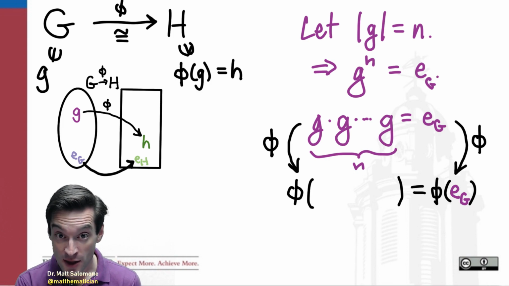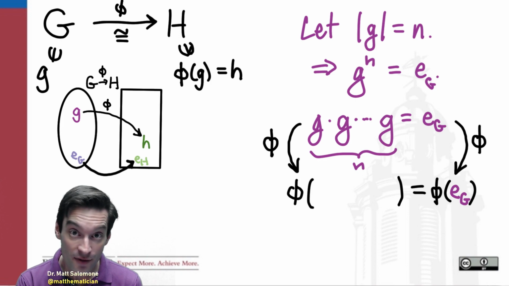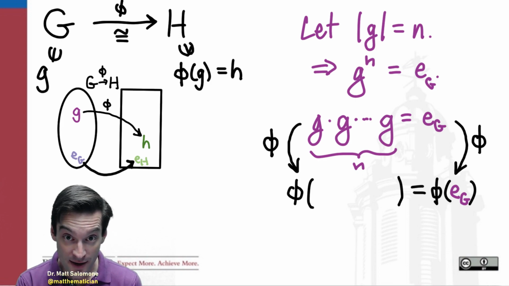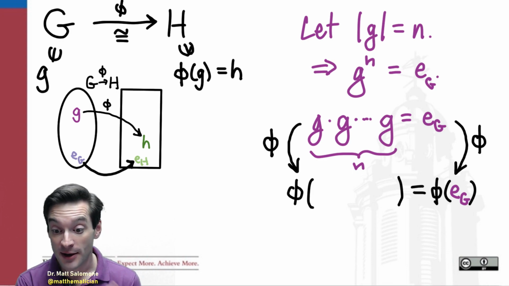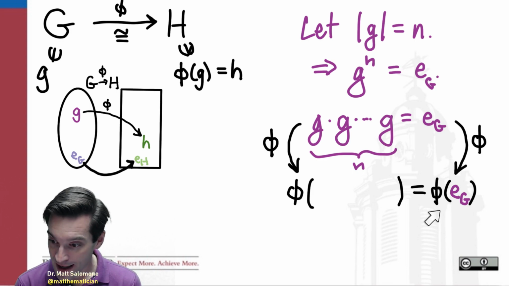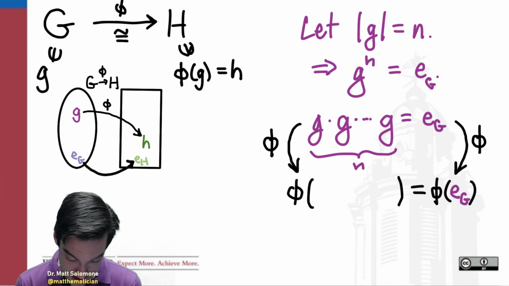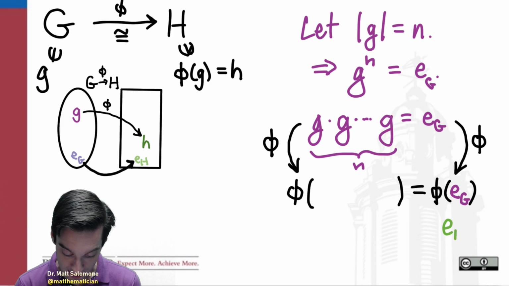Because the zero vector is nothing more than the identity element of the additive group that underlies the vector space structure. And a linear transformation, among other things, is a homomorphism of those additive groups. So for the same reason that linear transformations send zero vector to zero vector, every homomorphism sends identity element to identity element. And so this right-hand side of my equation, phi of E, is just going to be E, where that E is the identity element of group H.